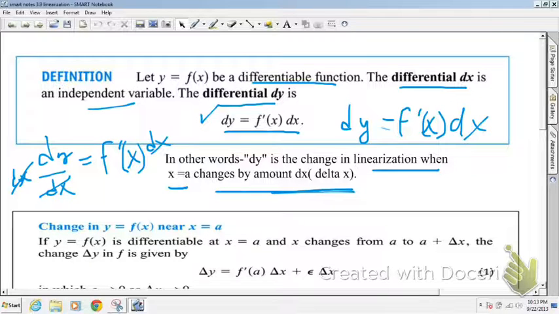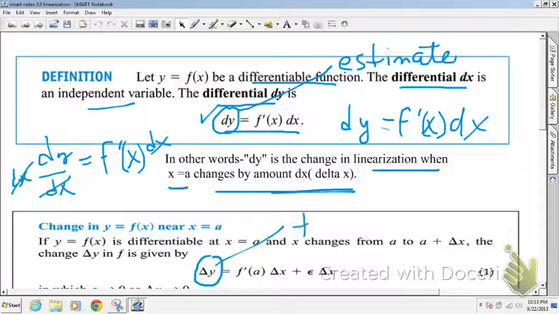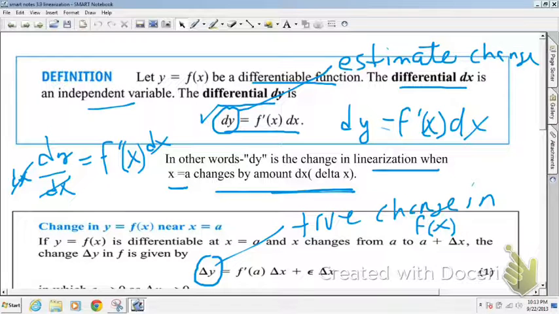So a little bit more notation, next we're going to look at delta y versus dy. Remember when we said in this segment we're always looking at the estimate for the functional values versus the true functional values? So this is the true change in functional values, and this is the estimate change in functional values.